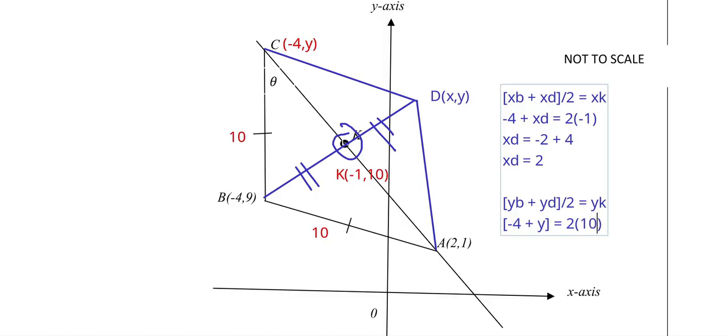It's 10. Then -4 plus Y is equal to 20. Adding 4 on both sides, sorry, it's not -4, Y is 9. Then subtracting 9 on both sides, Y is equal to 11. So the coordinates of D is 2, 11.